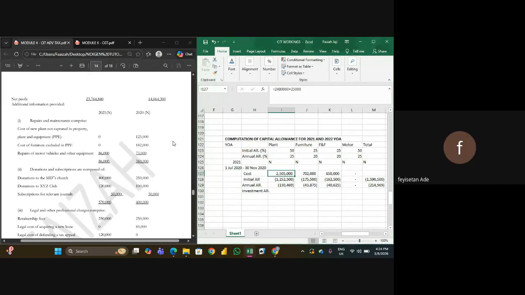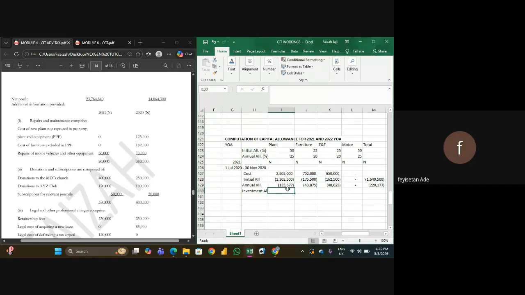So that's 520 plus 125, yes, 125. For furniture, cost of furniture excluded in PPE, that's 182,000. That's why we have our 520,000 plus 182,000. Do you understand it now?